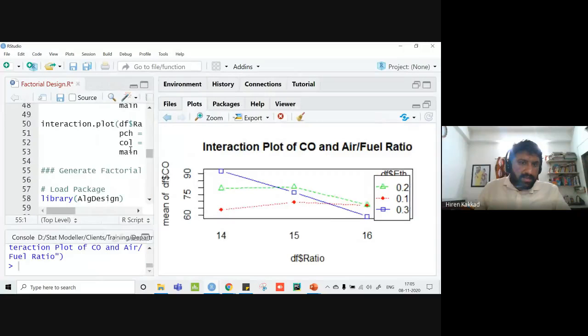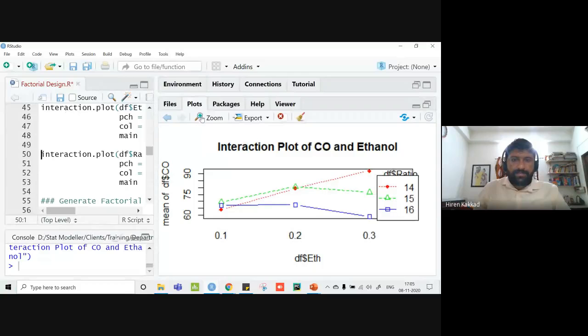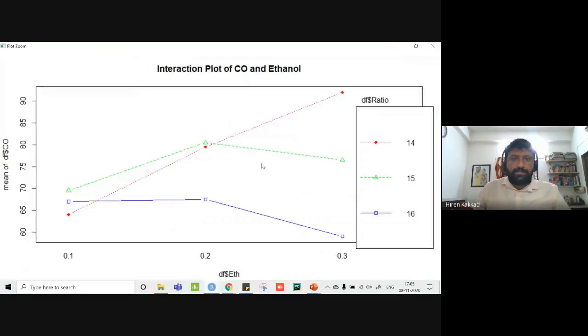So previously ethanol was the color of the line, but here ethanol is on the x-axis. So it is also showing you the mirror image or mirror picture, because it is showing you that the interaction is there in the data.